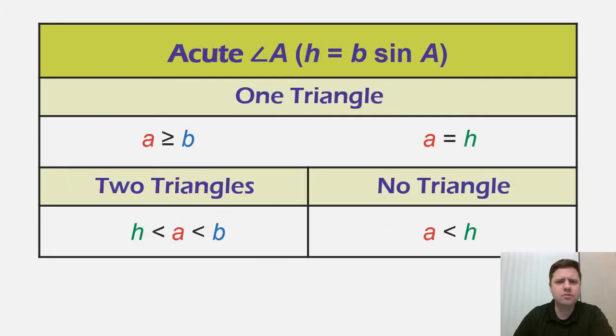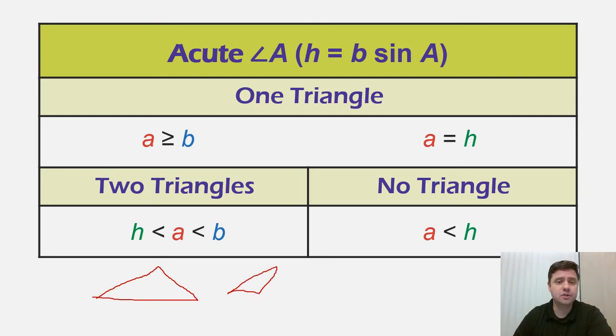Now, in the case of an acute angle A, again, we're going to talk here about H being the height, which is B sine A, which I'll show you in a moment. If A is greater than or equal to B, or if A equals H. So if A is greater than or equal to B, then we have two triangles because, remember the example that I just gave you before, it can look like this, or it could look like this kind of shape.